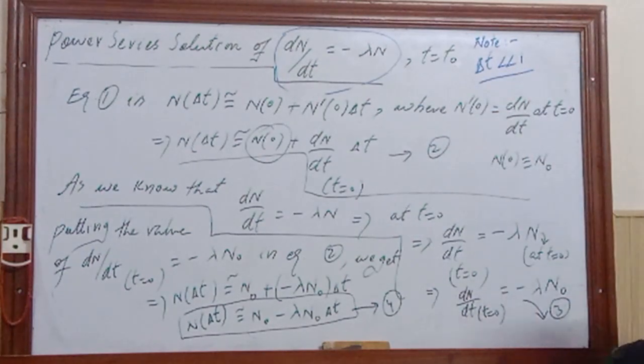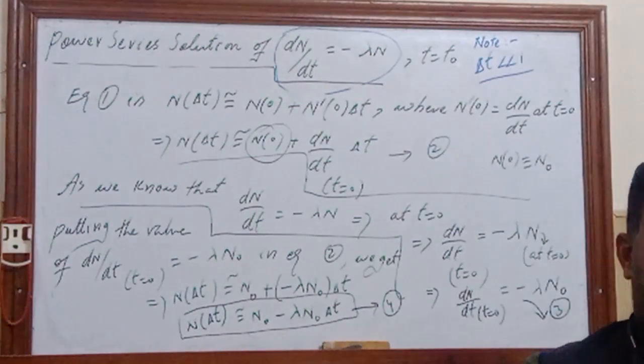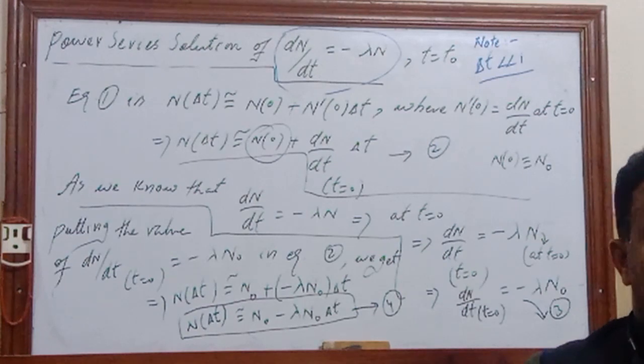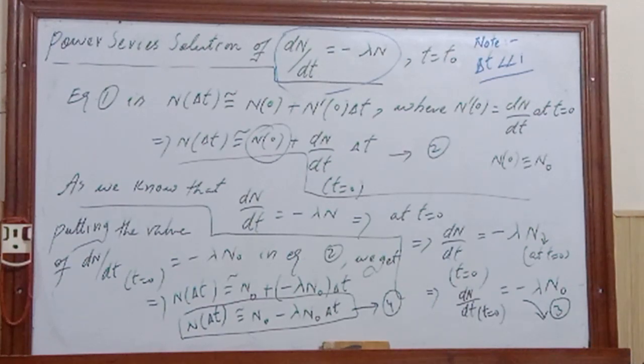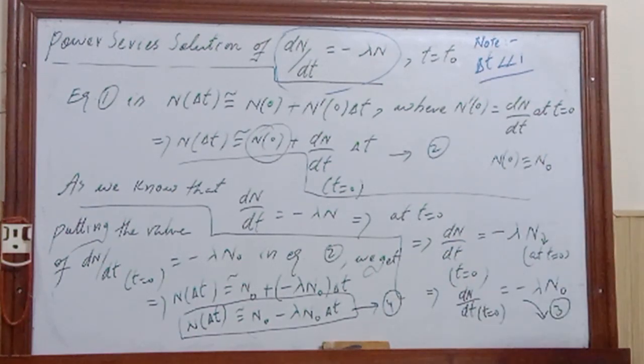Otherwise, we will not be able to assume that its square and higher powers, delta t to the power 2, delta t to the power 3, and so on, are negligible. We cannot assume them to be negligible if delta t is not smaller than 1. So here you have to keep in mind that the time interval delta t needs to be so small that it is very small as compared to 1.